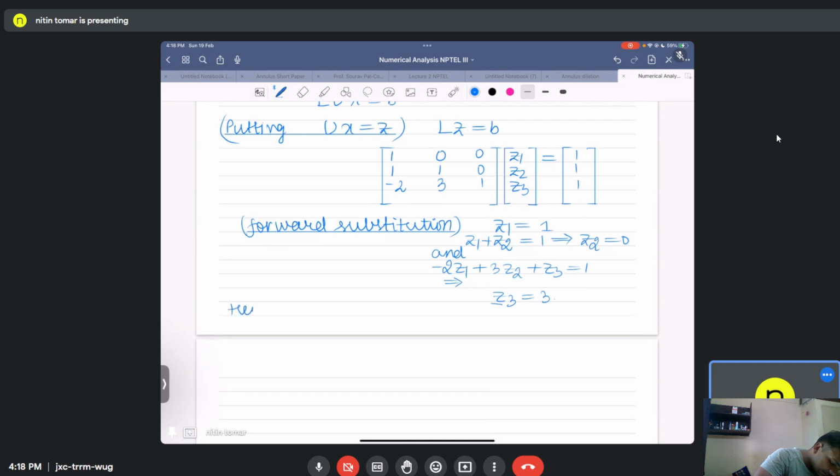So hence, what does it imply? Z is actually 1, 0, 3.